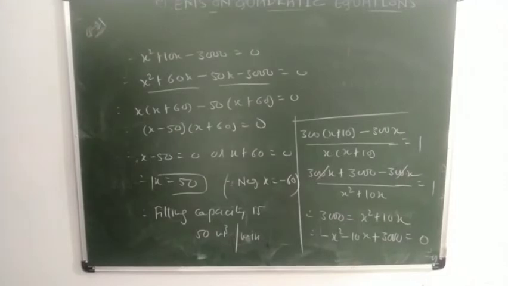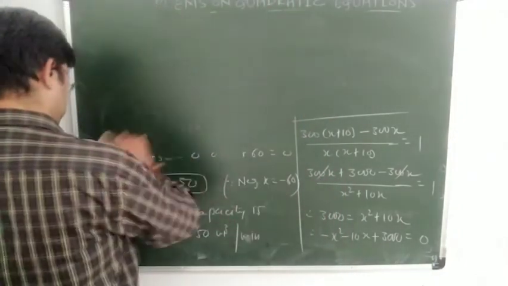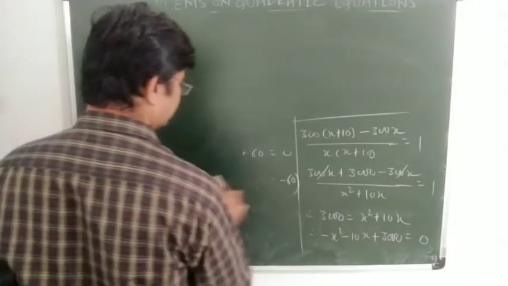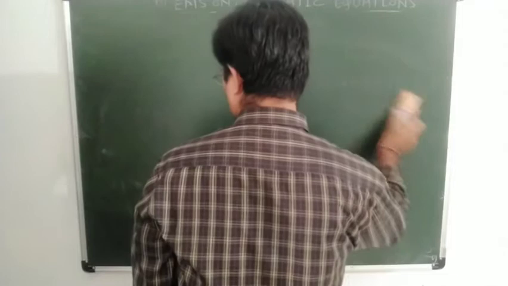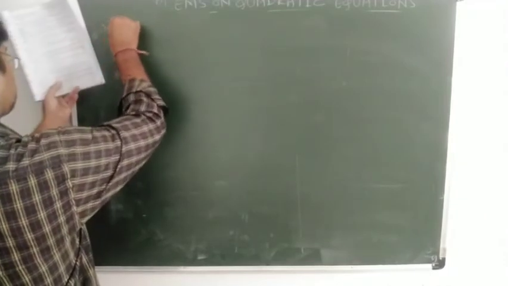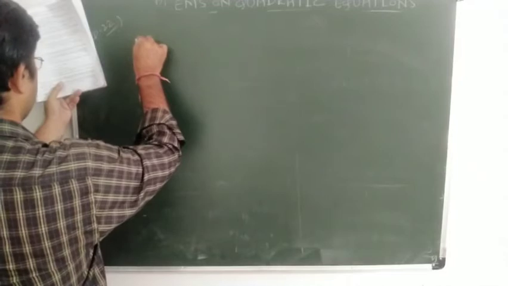Now let us solve question number 22. The hypotenuse of a right triangle is 20 meters.